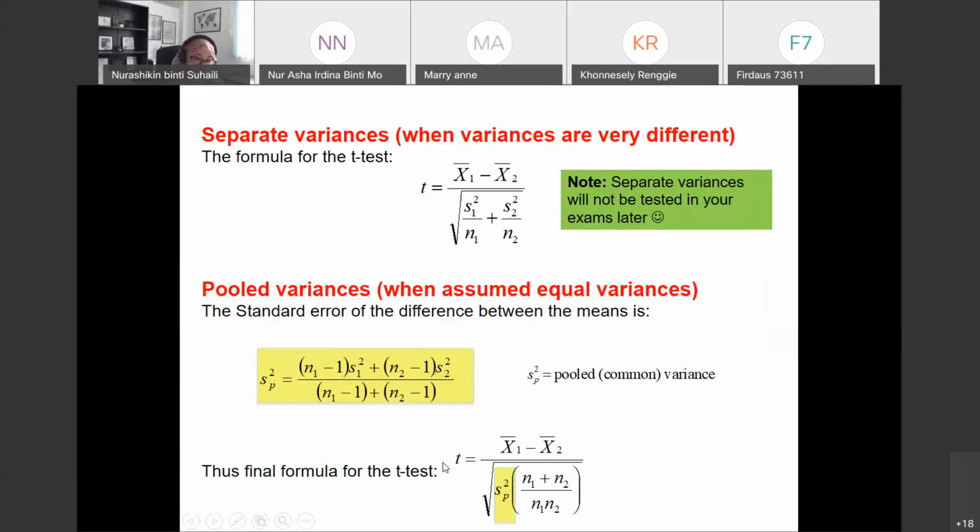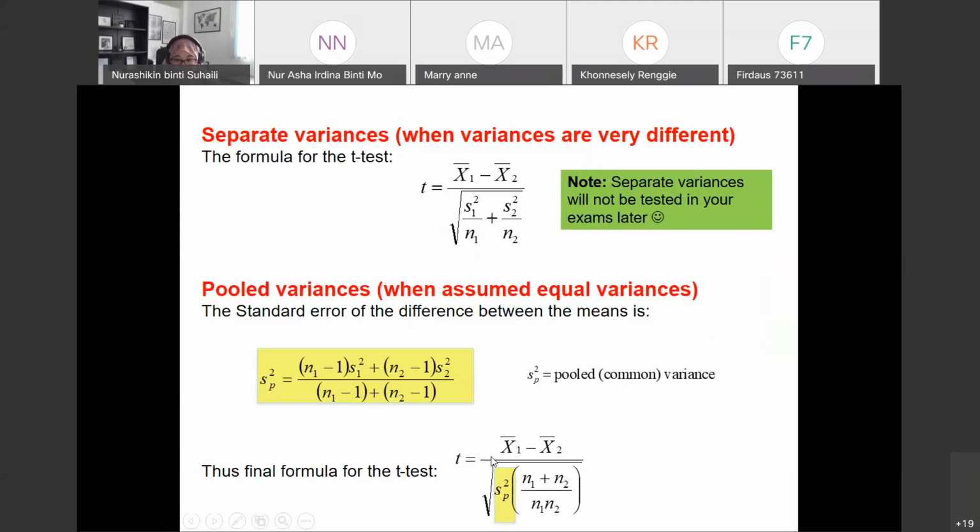So this is the extended formula of t. Just now we had the extended formula of z in the previous case. In this formula, there is this term Sp squared, so you have to find Sp squared first. The terms here: x1 is the mean of sample 1, x2 the mean of sample 2, n1 is the sample size of sample 1, and n2 is the size of sample 2. You have to be very careful because the whole thing is under a square root.